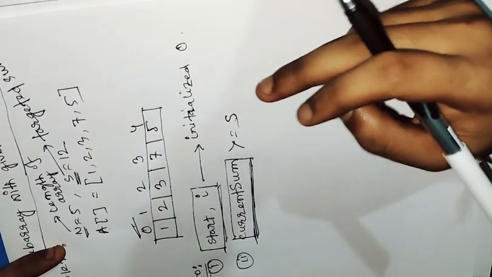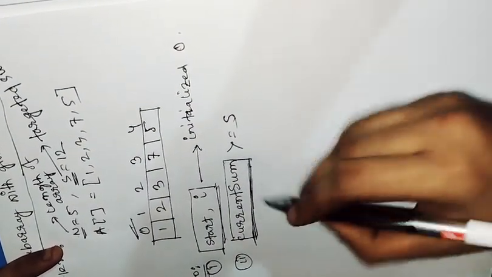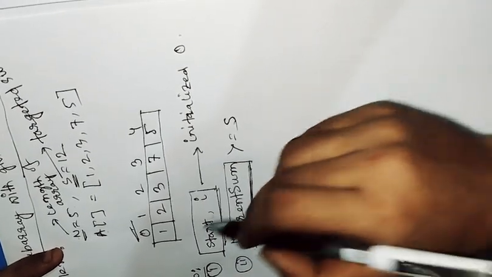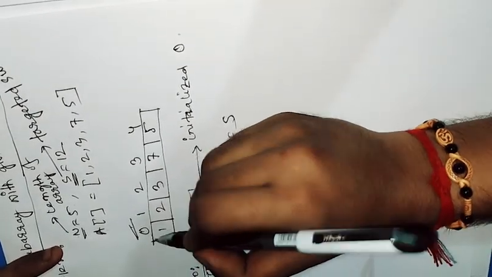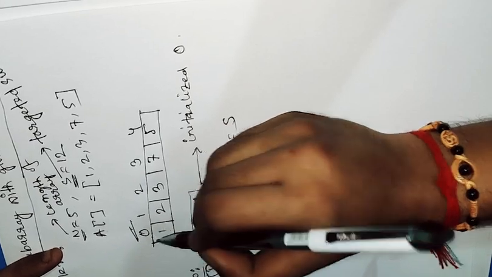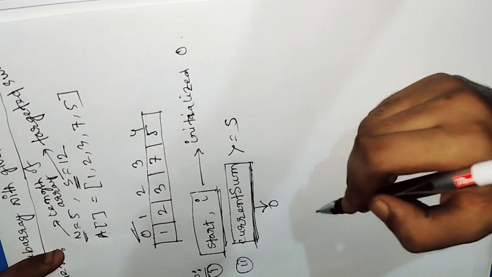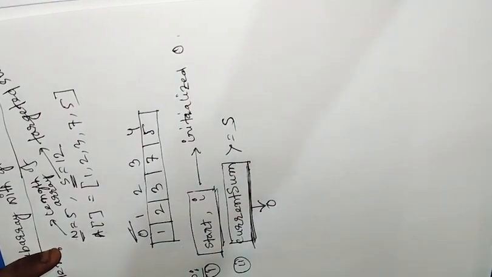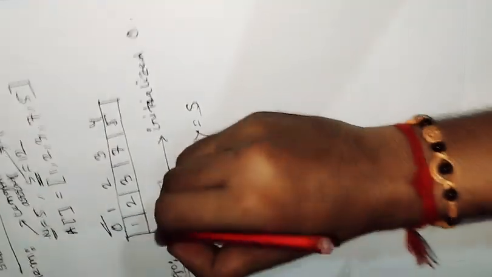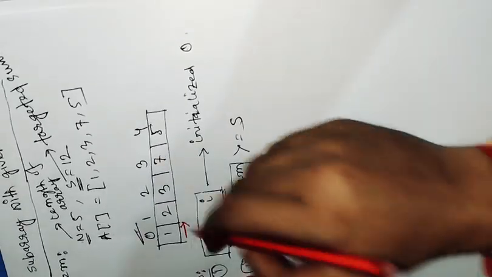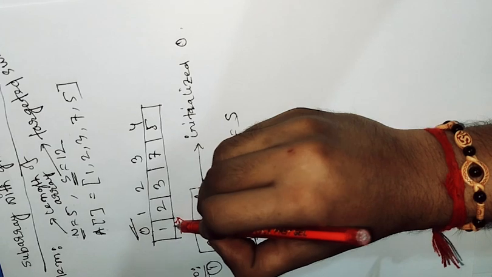Subtract the value of start index from current sum, and increment the start pointer, means it comes to here.